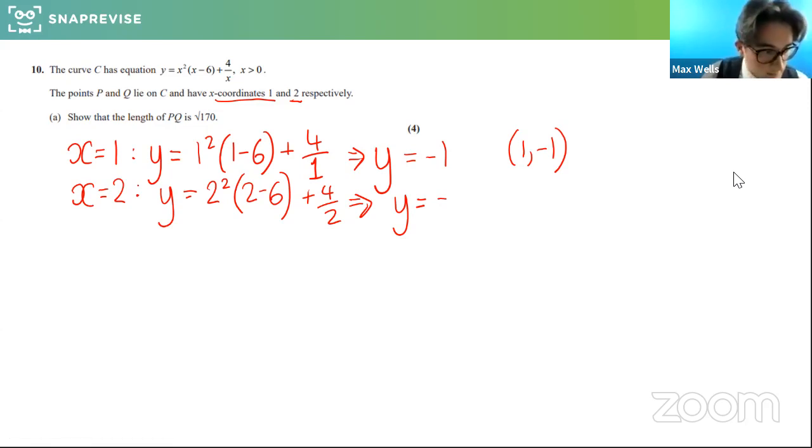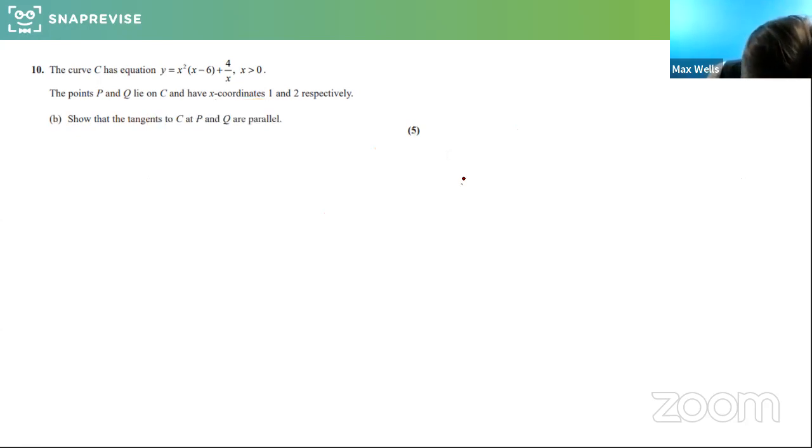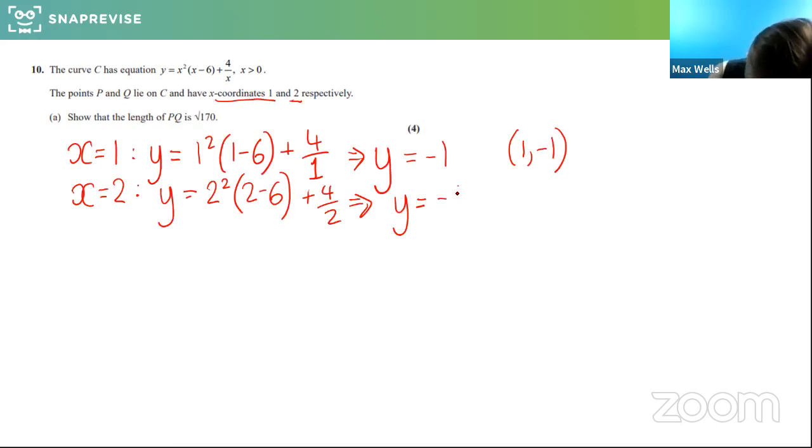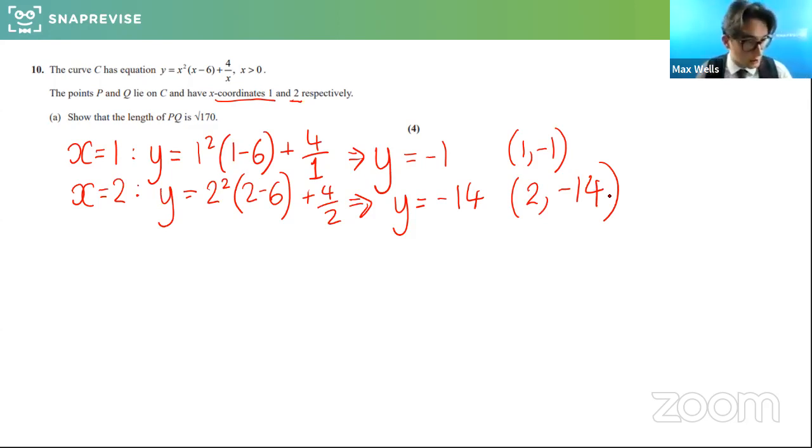Happy with this? Let's just check we're all good with that. Minus 14, let's double check. 4 minus, yeah, cool, plus 2, so minus 14. So this point is 2, minus 14. Lovely. So now that we've got P and Q, that's brilliant.